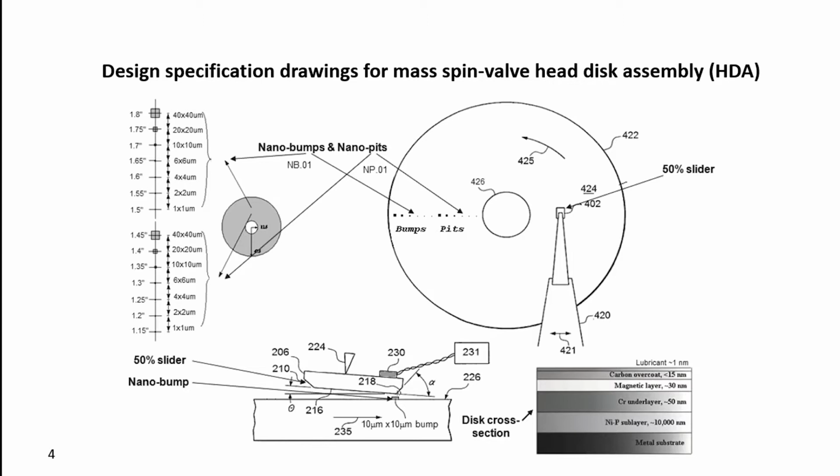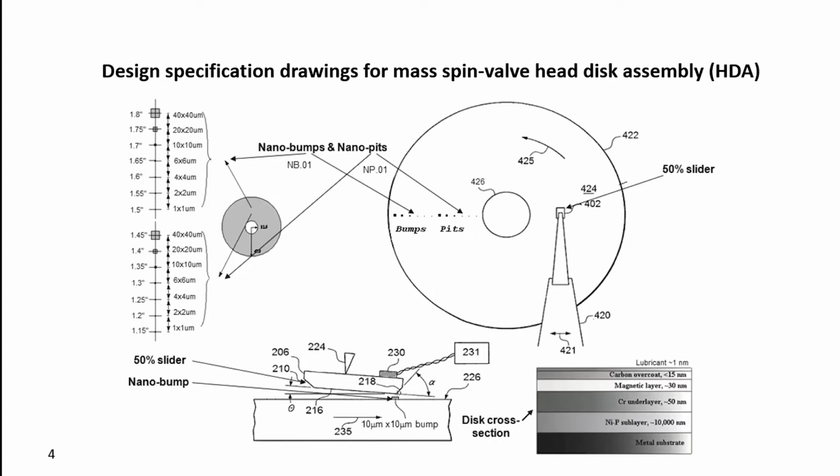And then on the bottom right, that's basically a cross-sectional view of what the hard drive disk platen has on it. It's mainly just a big piece of aluminum with certain layers on it. Only one, the magnetic layer for the read and write data, is only like 30 nanometers thick. It's not very big.